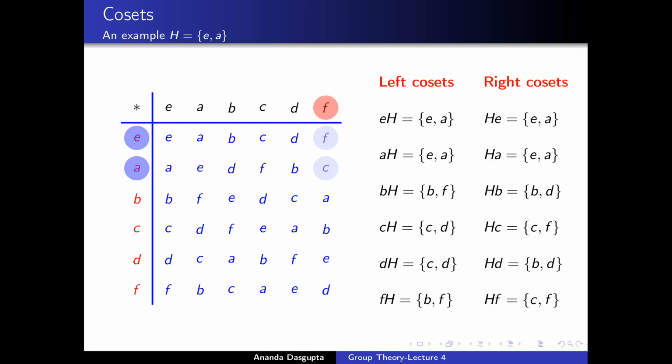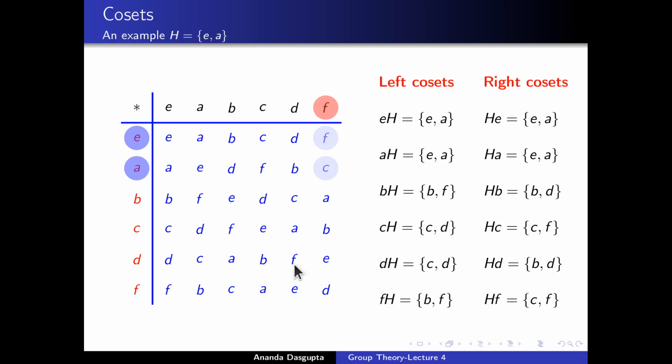In particular, we looked at the example of the cosets with respect to a subgroup consisting of two elements E and A of the 6-element group of symmetries of the equilateral triangle.